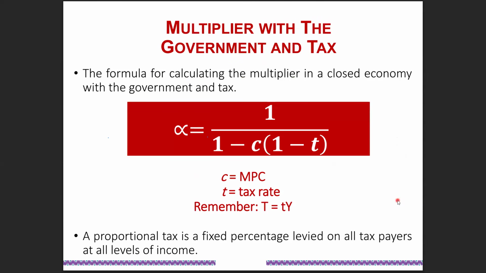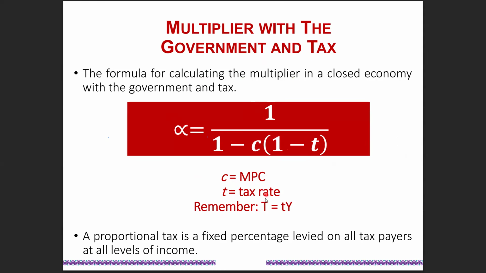Okay, the multiplier with the government and tax. The formula for calculating the multiplier in a closed economy, or in a three-sector model, is multiplier equals 1 divided by 1 minus C times 1 minus T, where your small letter C stands for the marginal propensity to consume, and your small letter T stands for the tax rate.